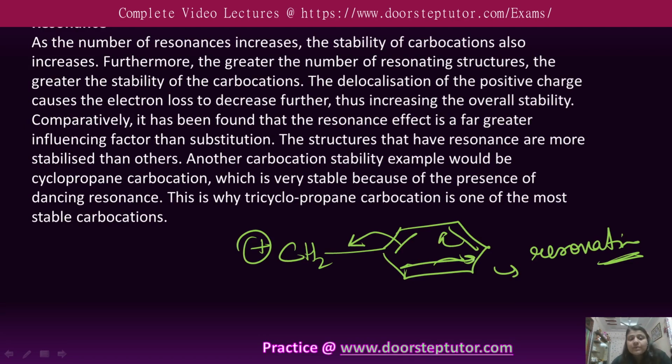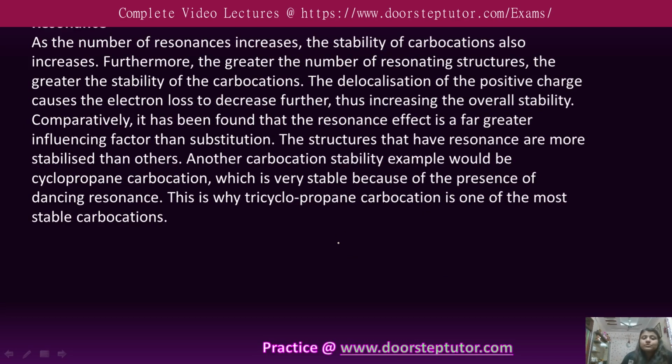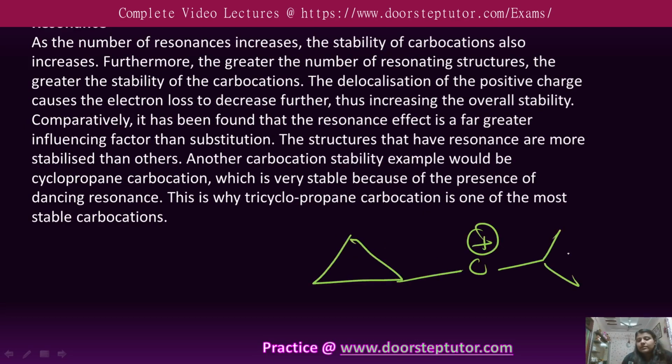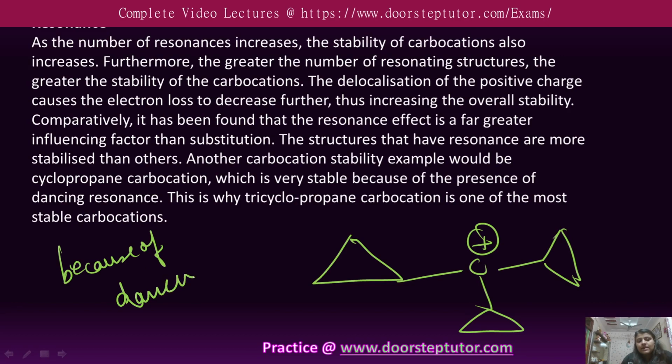In this way we can say the carbocations are stable. The tricyclopropane carbocation is the most stable carbocation, when the carbocation is connected with three groups. This carbocation is stable because of resonance.